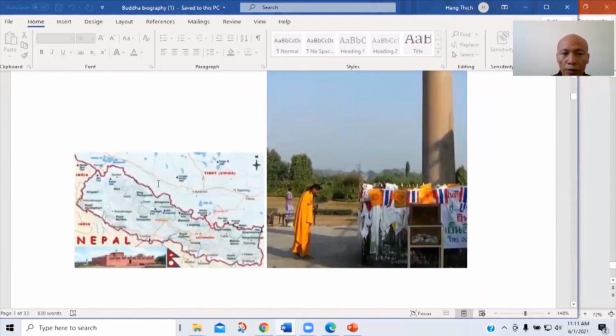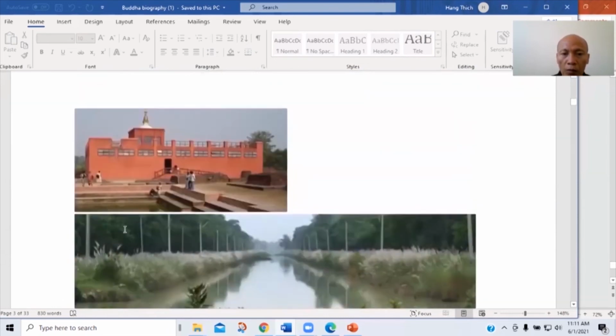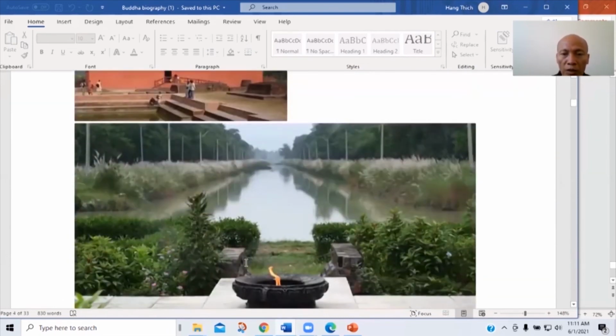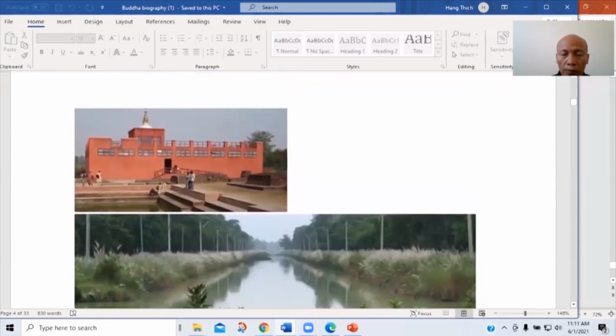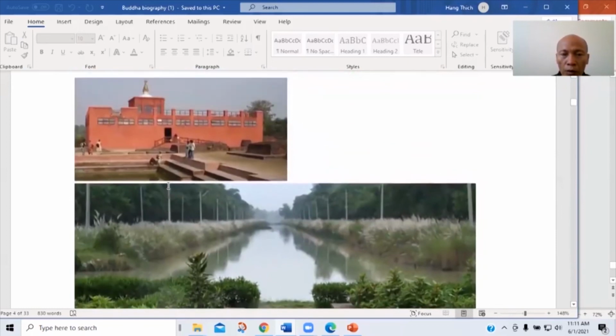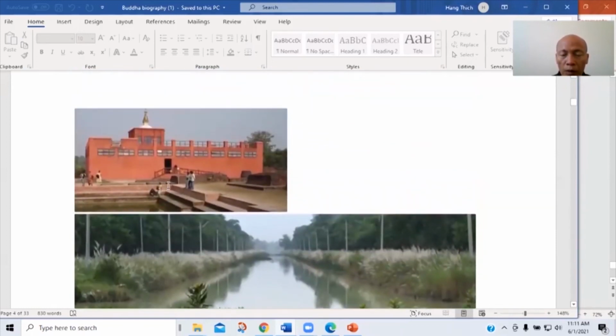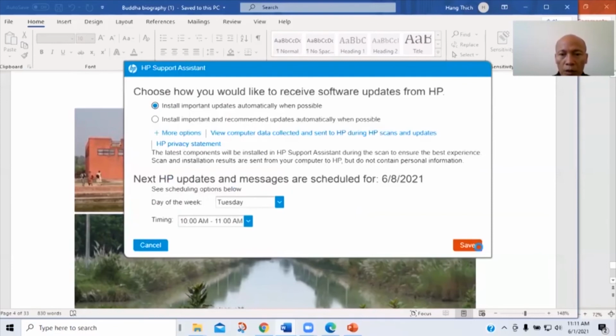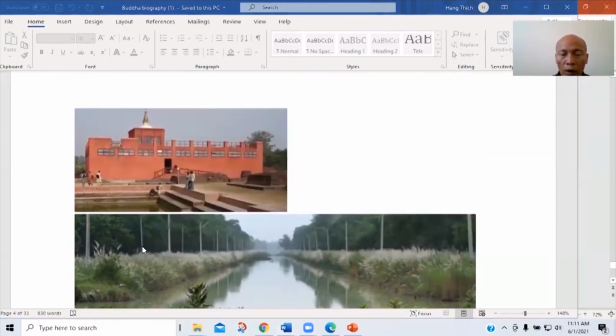And so here is Nepal. Here is Lumbini. Lumbini is where Prince Siddhartha was born. It is said that when Queen Maya got pregnant and it was time for her to give birth, she asked her husband's permission to go back and visit her parents.